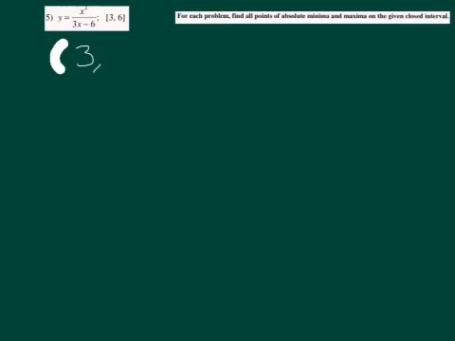So 9 divided by 3 is 3. And then for the second coordinates, 6 squared is 36, divided by 18 minus 6, which would be 12. So 36 divided by 12 is 3. So 6 and 3.